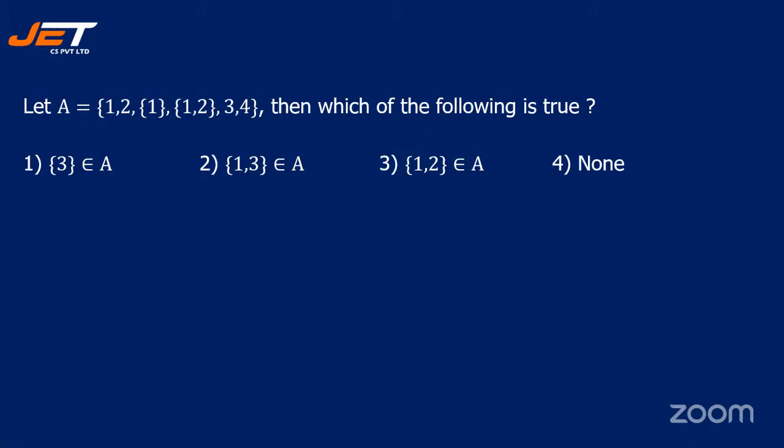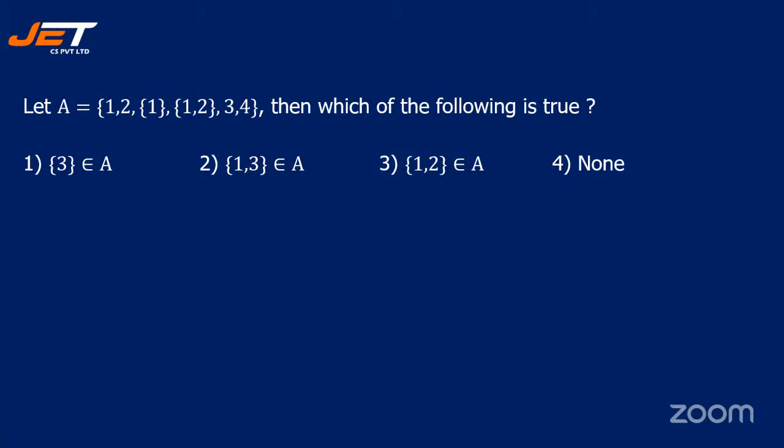Let A = {1, {2}, {1, 1, 2}, 3, 4}. Which of the following is true? Here in A, you should note that 1 is an element, {2} is an element, {1, 1, 2} together is an element, 3 is an element, 4 is an element. Among the 4 options, we need to choose which one is true.